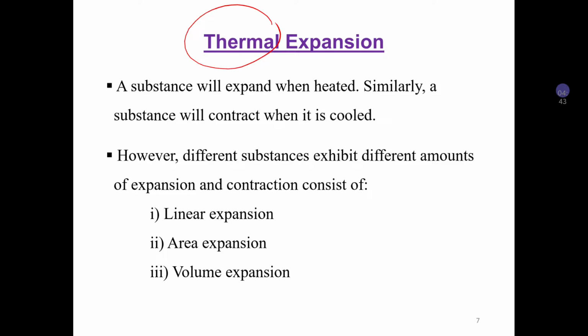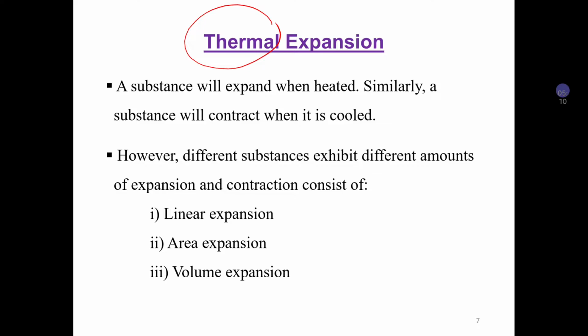A substance will expand when heated, which means that when we give heat to a substance, the temperature will be increased. The substance will contract when it is cooled, which means that the temperature will be decreased.